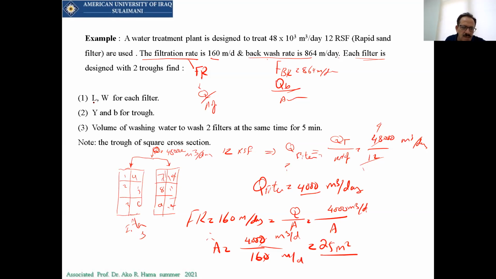Now, we want to see what is the length to the width of each filter. I should assume one of this. The area is 25, and we have the length and the width.